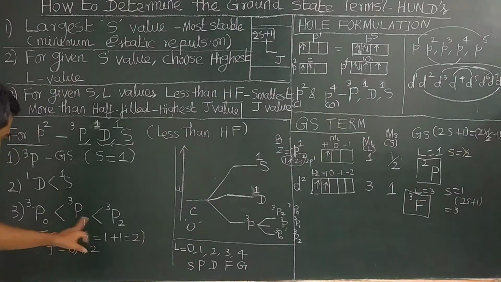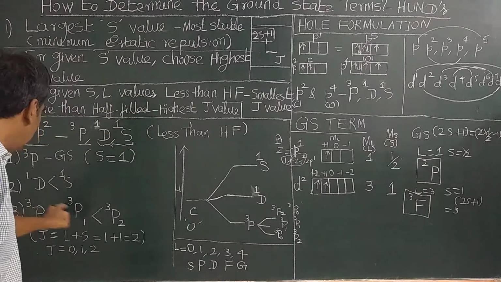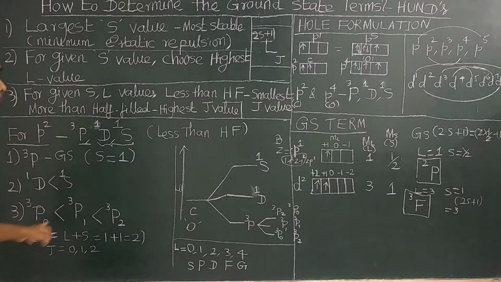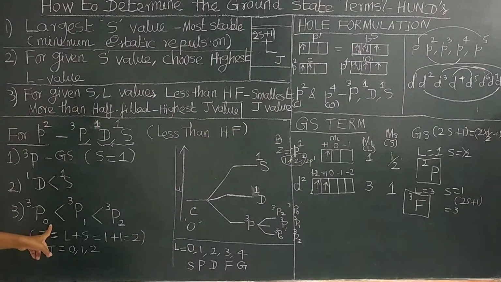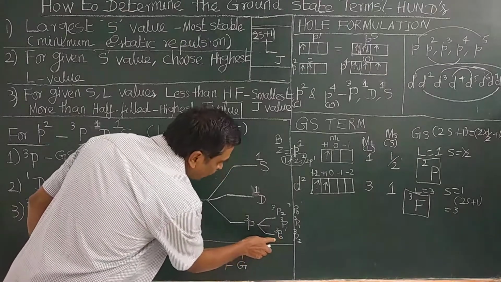There are 3 states. Therefore, for given S and L values, p2 is less than half filled, so the smallest J value is the ground state. So J equal to 0 is the ground state.